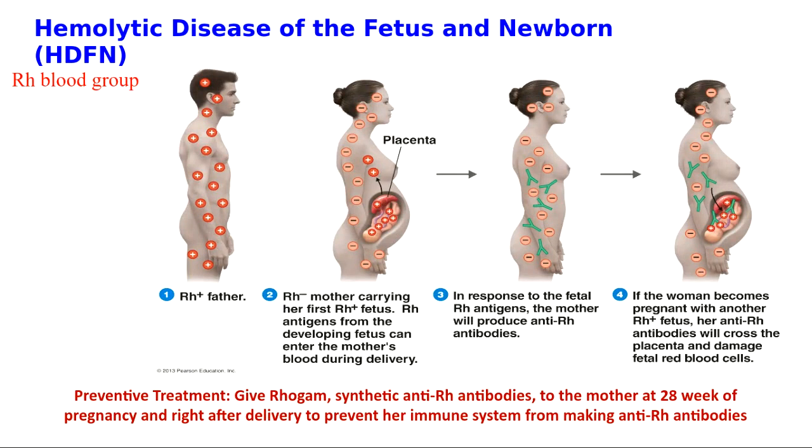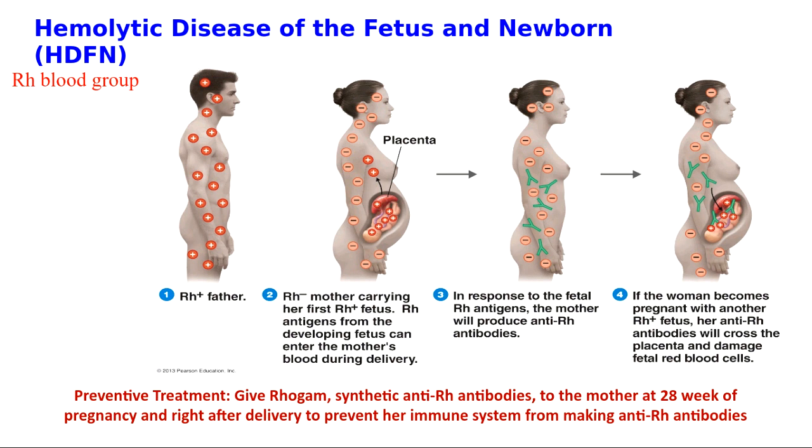The mother's immune system will wake up and say, these red blood cells have a D antigen that is not mine. These cells are foreign to me, are non-self. I'm going to have to make antibodies. And then the mother makes anti-D antibodies.